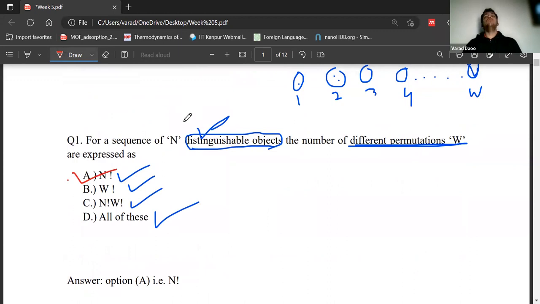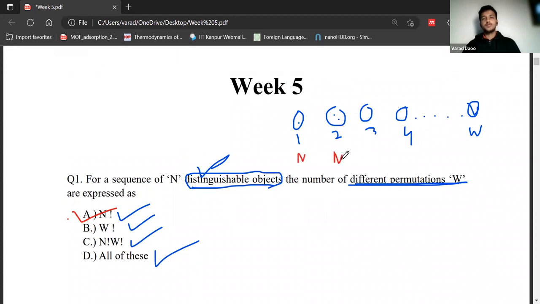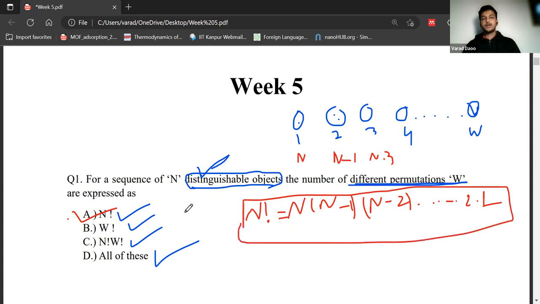As these are distinguishable, the number of ways we can put the first is n, the next is n minus 1, then n minus 2, and so on. So the total number of ways is n into n minus 1 into n minus 2, down to 2 into 1. This is nothing but n factorial. The correct answer is option A.